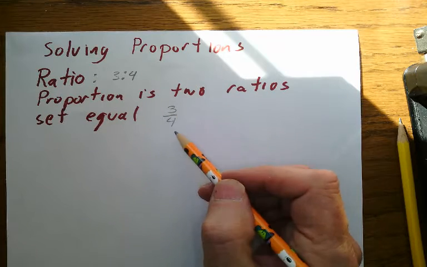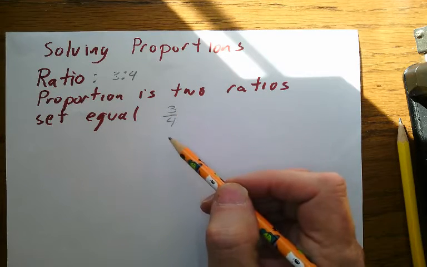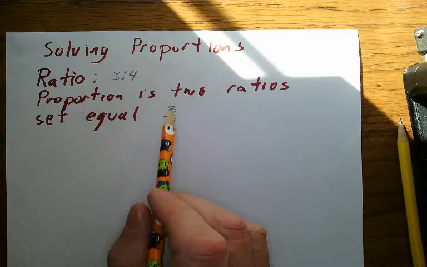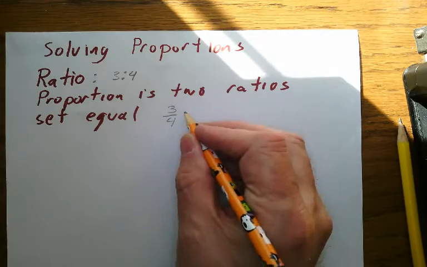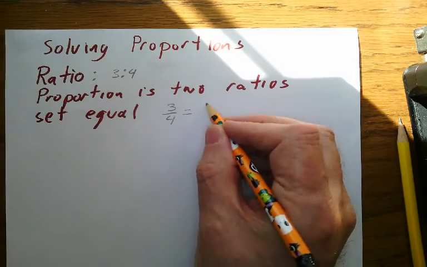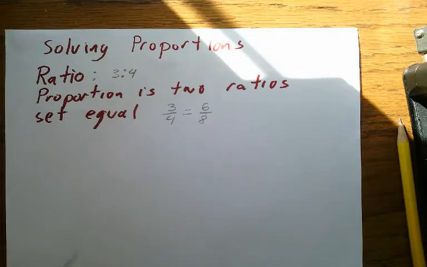And you can see it's written as a fraction, and a fraction means division, so that's what I meant when a ratio was two numbers compared by division. 3 to 4 equals 6 to 8. That's a proportion. Now we're going to be solving proportions.